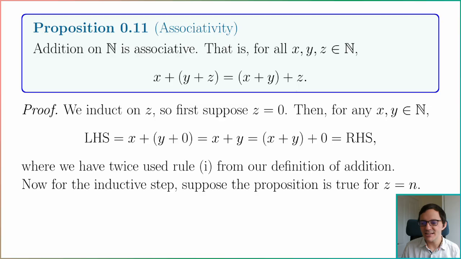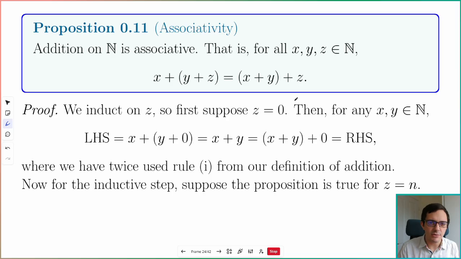So first is the case where z is 0, and that one's not too bad to work with because you can use from the definition that what it means to add 0 is to leave the number alone. So x plus y plus 0, which would be this thing on the left. I'm writing LHS for left-hand side, meaning left-hand side of the equation. So it'll be x plus y overall on the left, and on the right I would have x plus y in brackets and then plus 0 on the end.